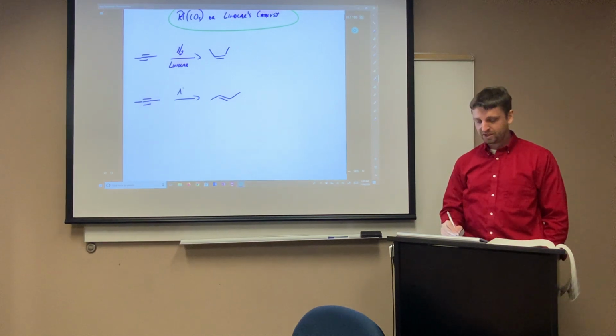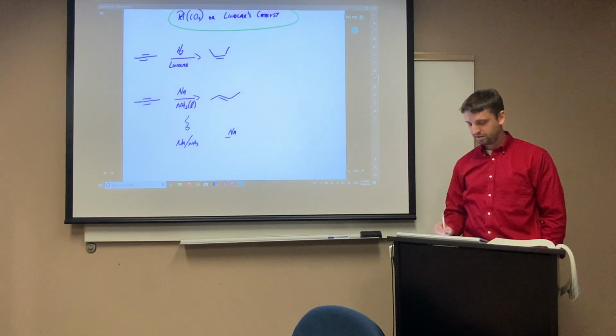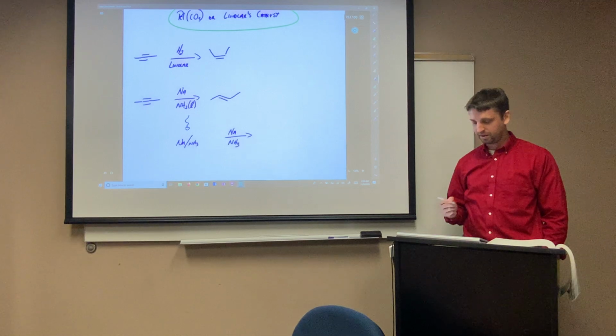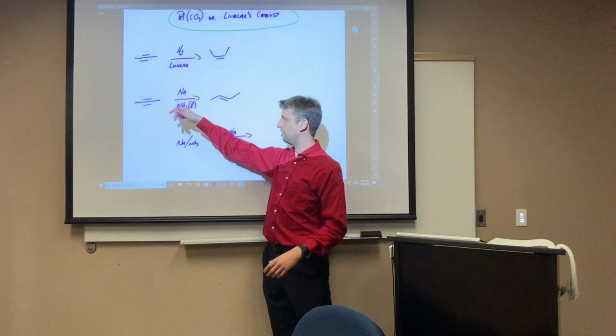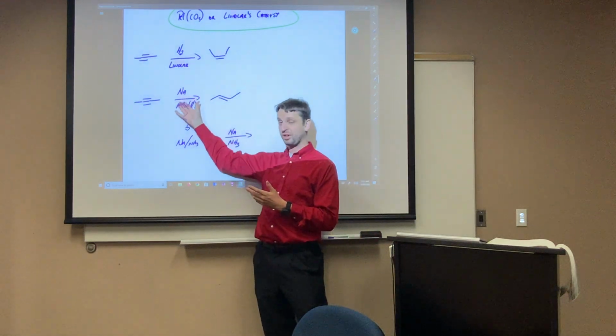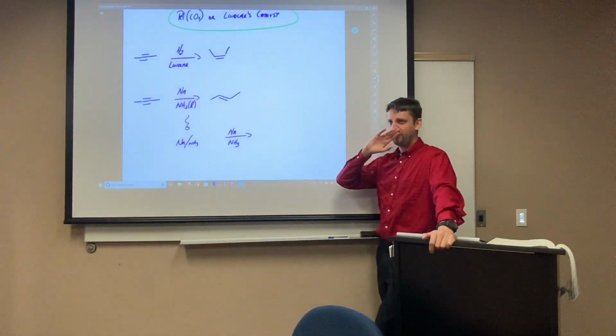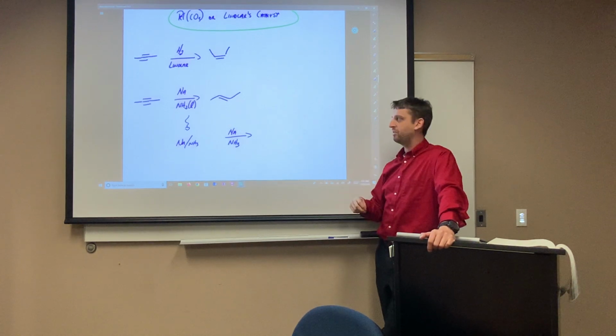And the way that we do this is we take sodium and we dissolve it into liquid ammonia, okay? So typically you'll just see Na over NH3 like this, right? Or Na, NH3 like this, okay? So we take chunks of sodium and we dissolve it into liquid ammonia. Now, this is actually a useful setup for a couple different reactions, but in all of these cases, these are reducing conditions, okay?